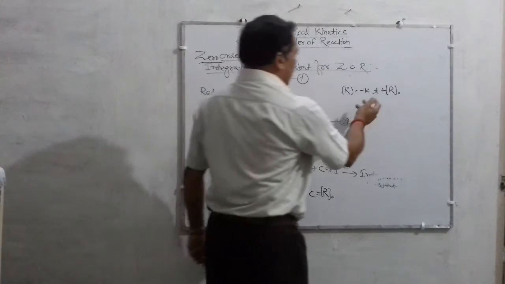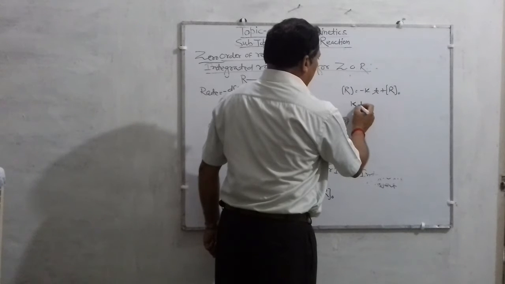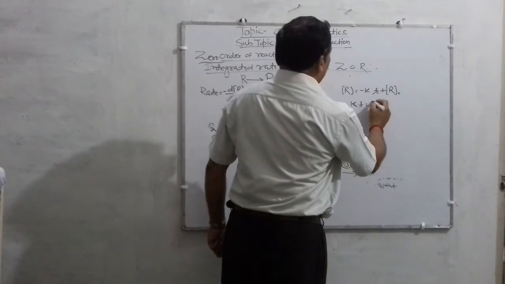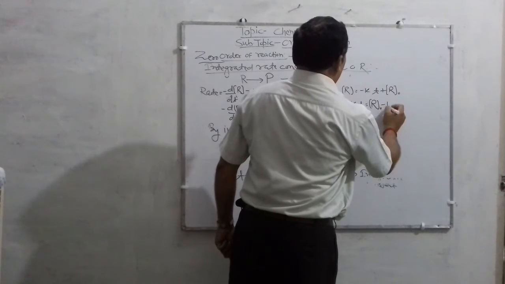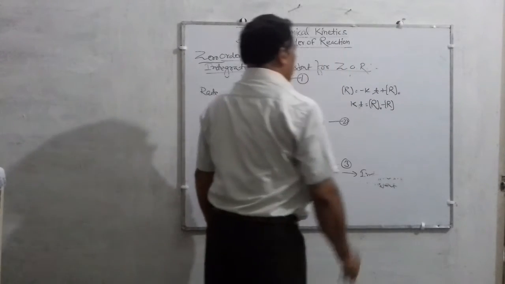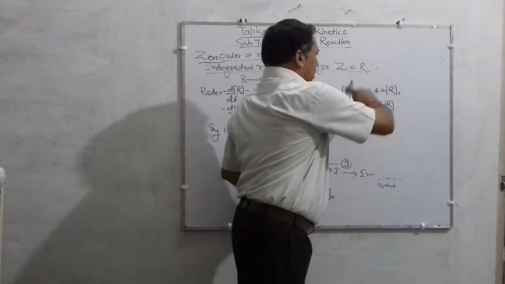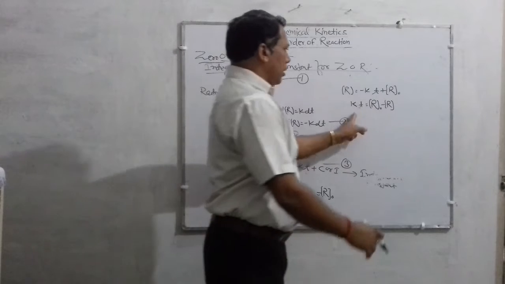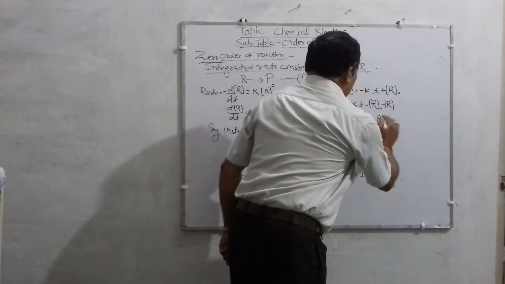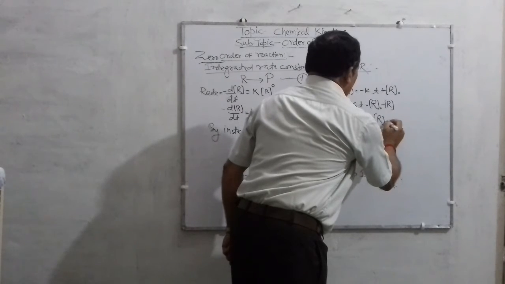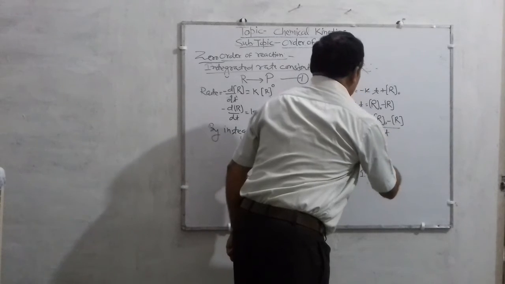So this can also be written by transposing it, so that kt is equal to R0 minus R. Kt is just transposed there. So k is equal to R0 minus R, divided by t.